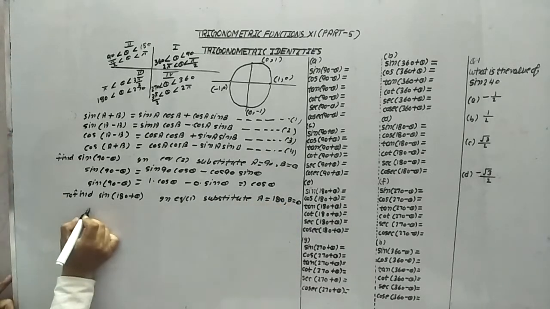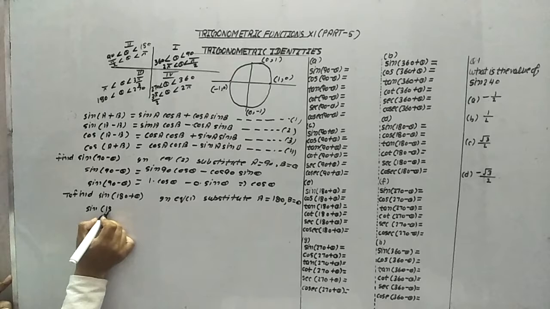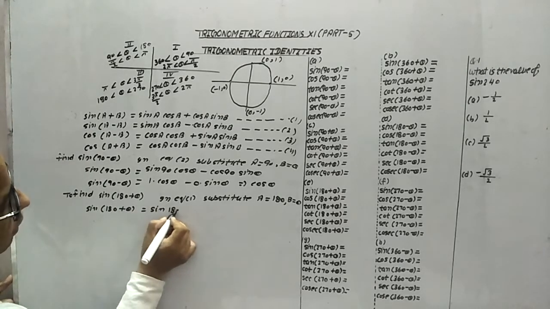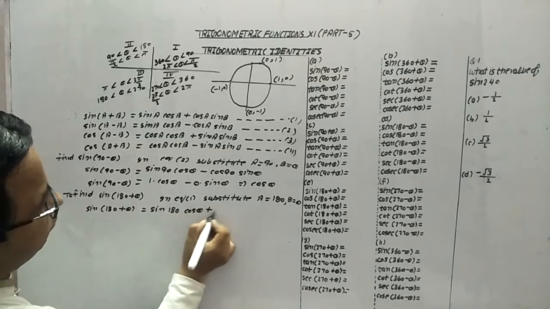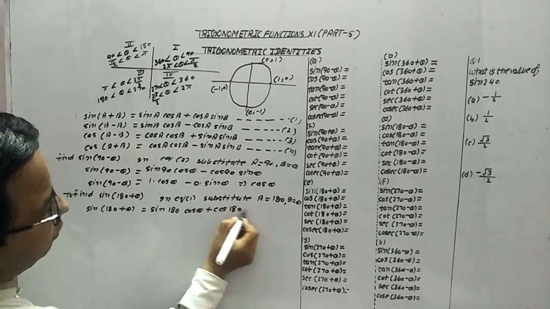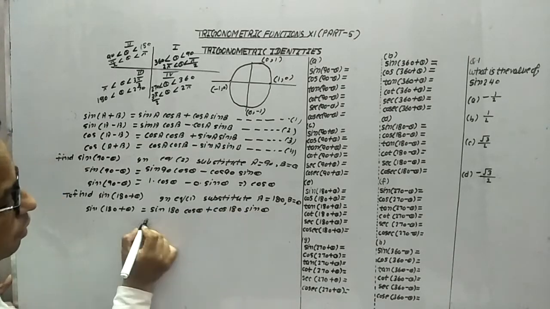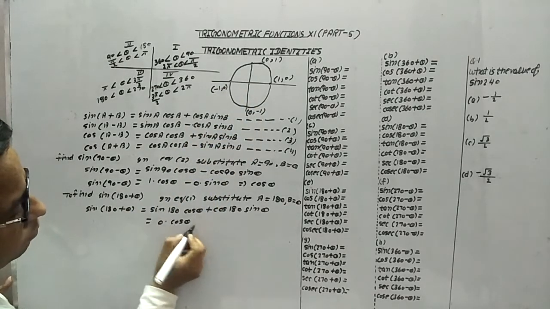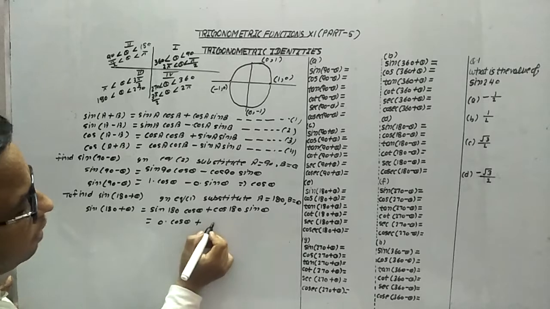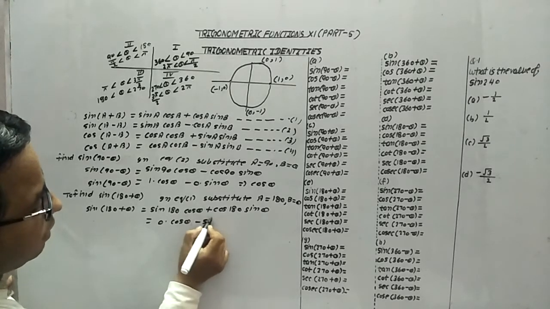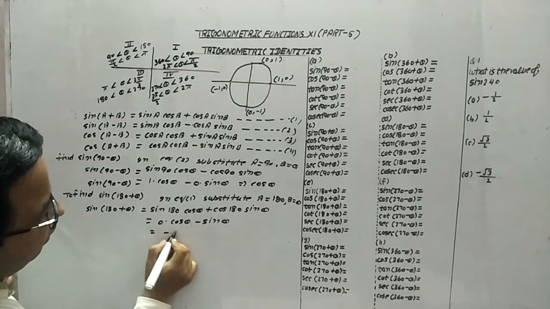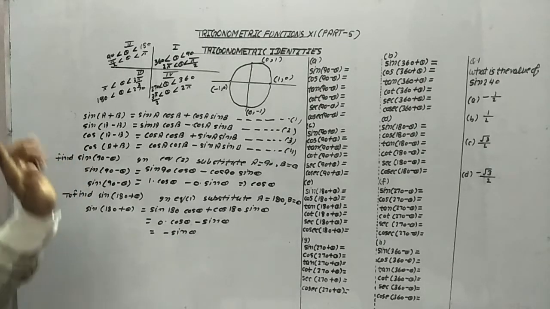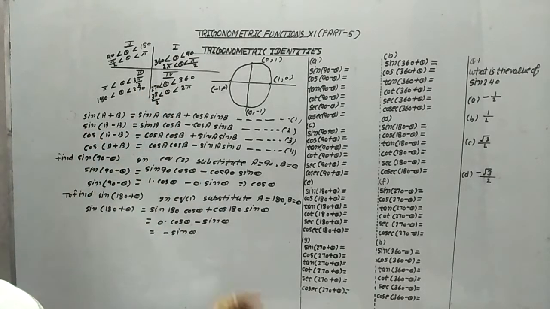Once we do this, sine 180 plus theta is equal to sine 180 cos theta plus cos 180 sine theta. Now sine 180 means 0 into cos theta, and cos 180 means minus 1. It means this becomes minus sine theta. So sine 180 plus theta is equal to minus sine theta. This is the way to do the derivation of these formulas.